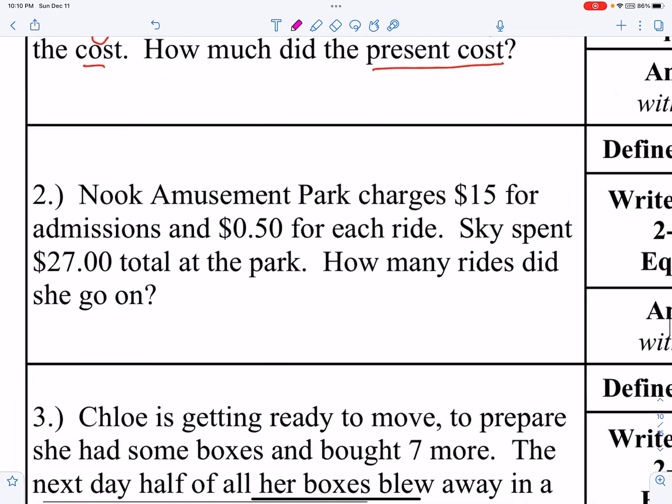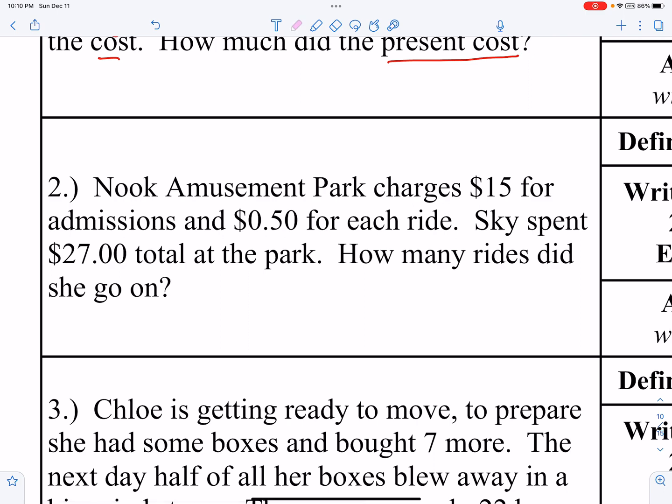Nook Amusement Park charges $15 for admission and 50 cents for each ride. I am noticing those hints, right? Like each means times, and can sometimes mean addition. So I'm just noticing as I read, but not taking it too seriously. Sky spent $27 total at the park.